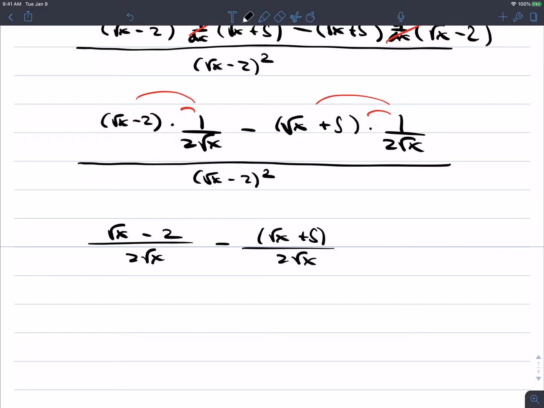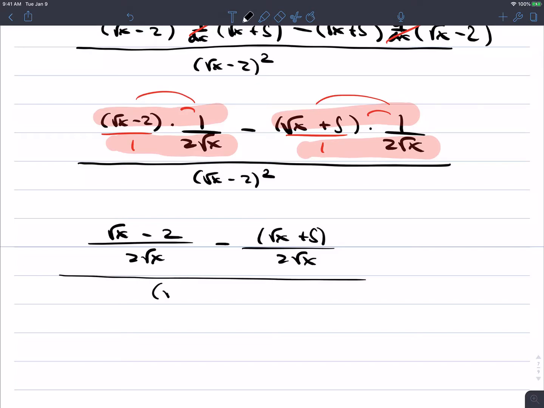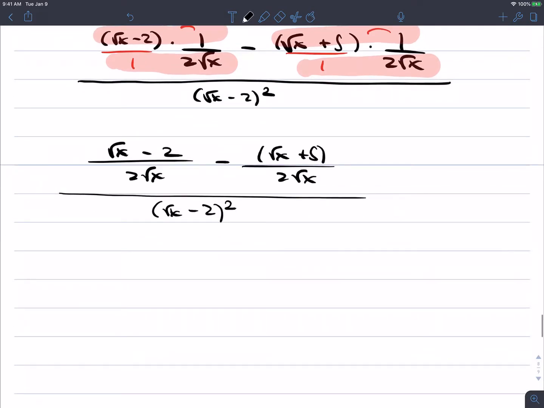Because remember, when you multiply here, let's put this in red. You multiply straight across. And then don't forget, you're going to divide by square root of x minus 2 squared. We're going to divide by this.